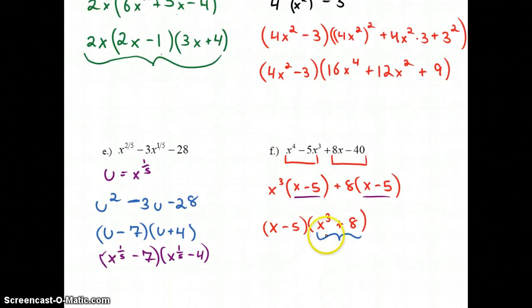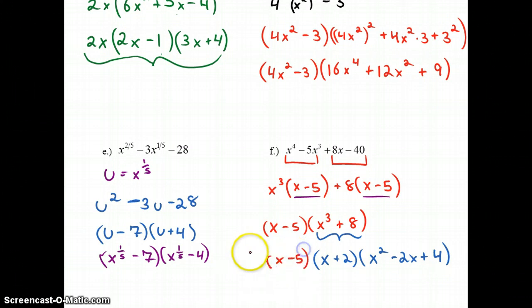X cubed plus 8 will be x plus 2, since 2 cubed is 8, times x squared minus 2x plus 2 squared, which is 4. And of course, I've still got an x minus 5 on there. So this is your answer.